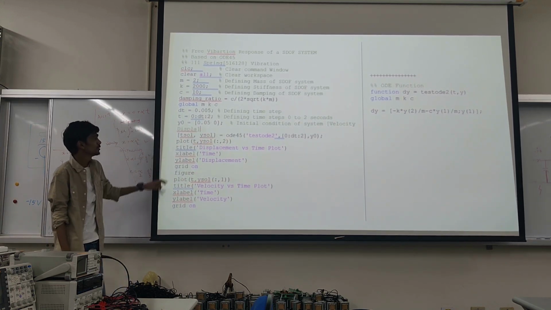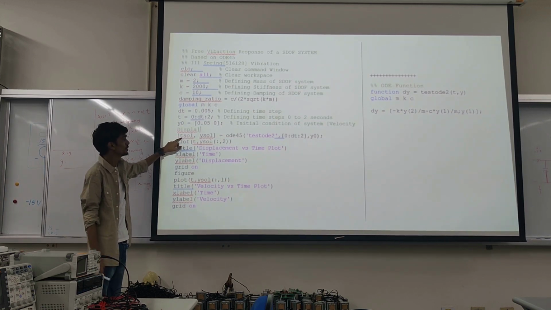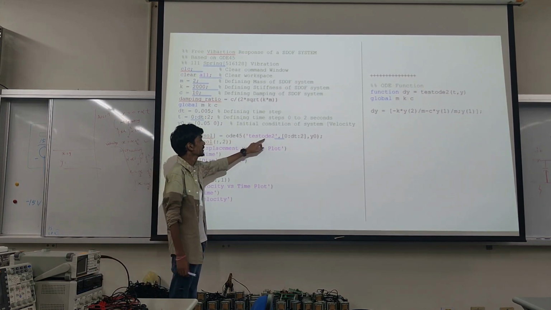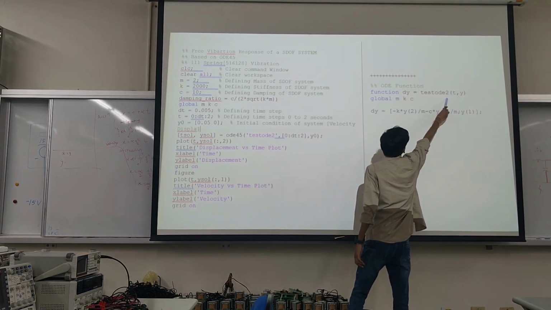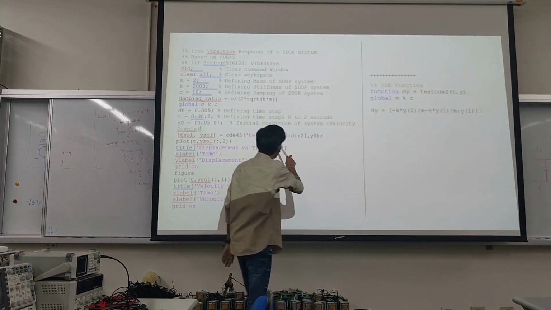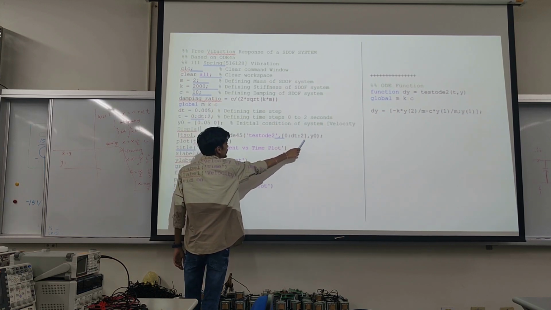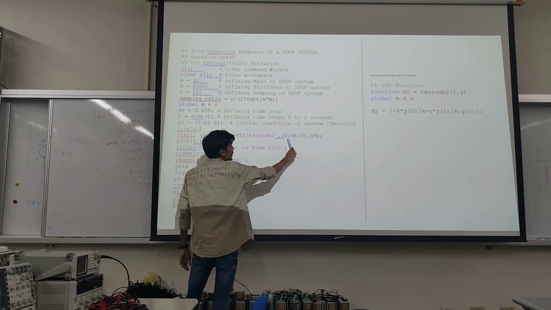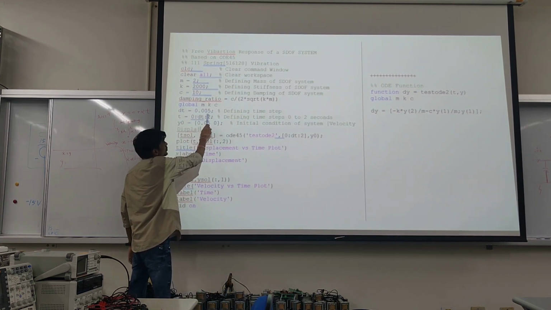Okay. So now we are going to use ODE 45. t solution, y solution is equal to ODE 45. In the bracket we have to write the function name, test code 2. So this function we have written. This is our total time, 0 to 2 in the time step of dt. dt is 0.005.